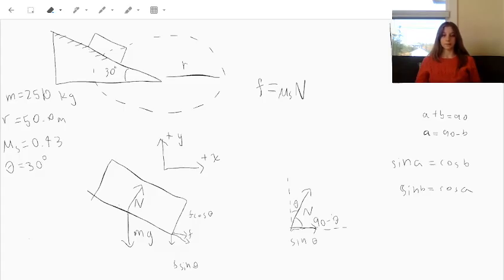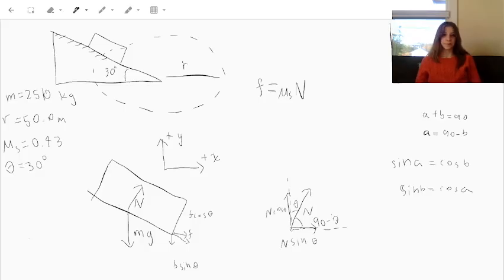And then it's going to be equal to this side over n, so this is sine theta, and we're going to say it is n sine theta. Remember how we did it with this one, f cosine theta, f sine theta. Then this component here is going to be n cosine theta.